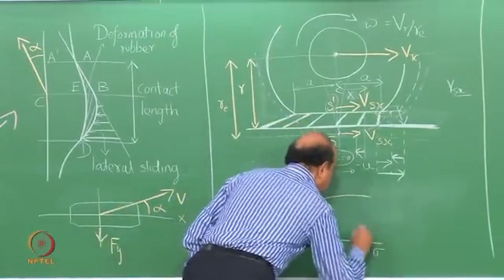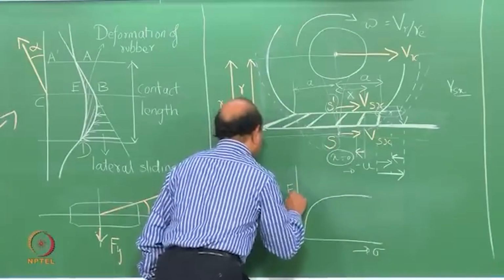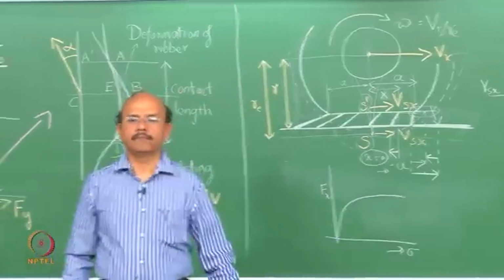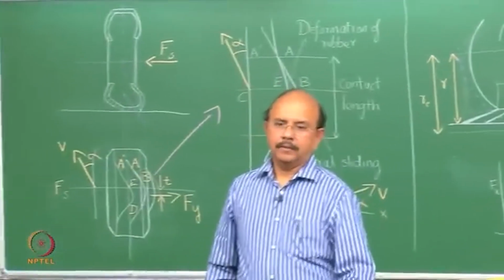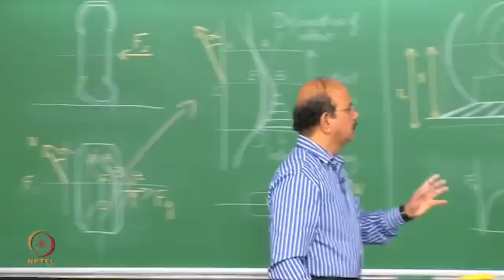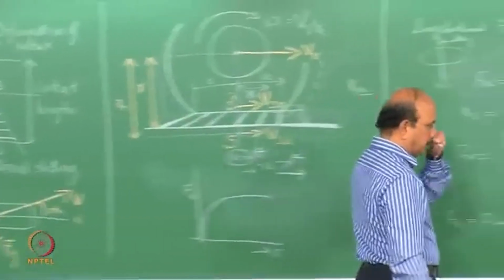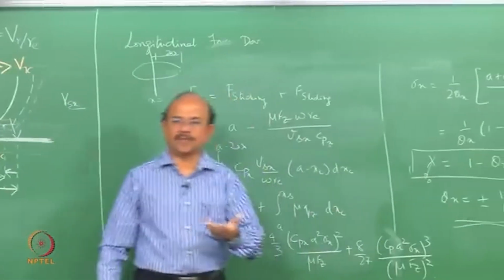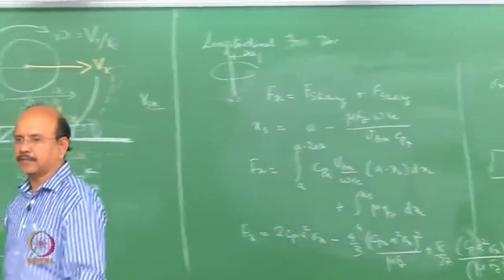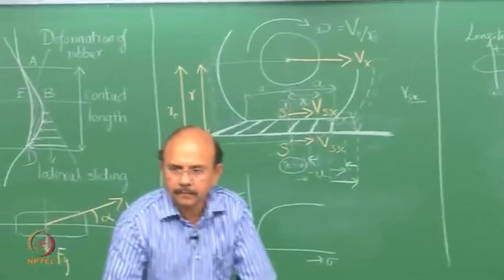This is sigma versus Fx. For very small slip, sigma you can assume it to be equal to kappa. The first term gets into picture.